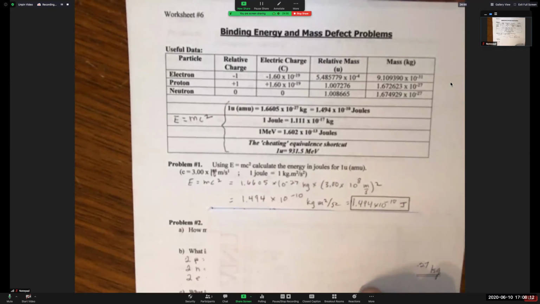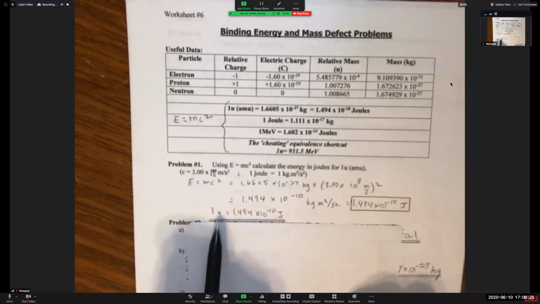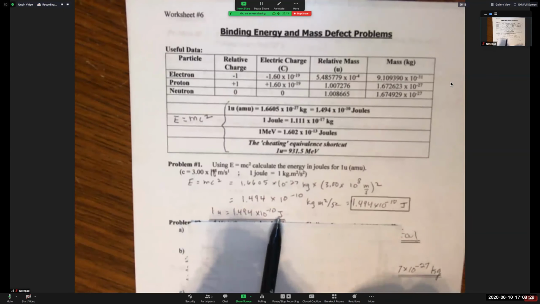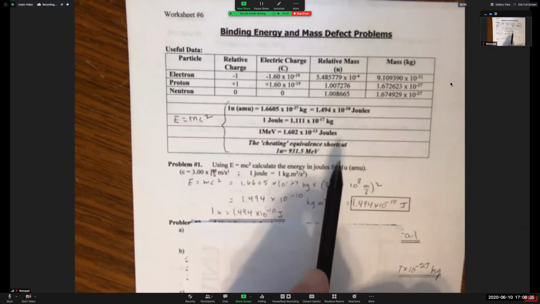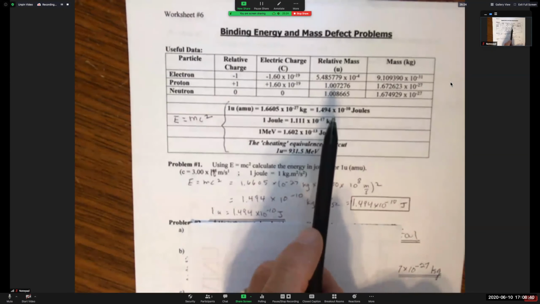So you need to have the mass in kilograms of 1 AMU. We can write a conversion factor down here now. 1 AMU equals 1.494 times 10 to the minus 10th joules. So that's what we just calculated, and that's what's up here in this table.